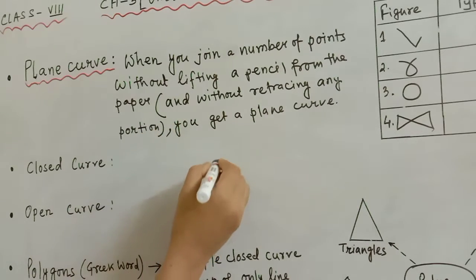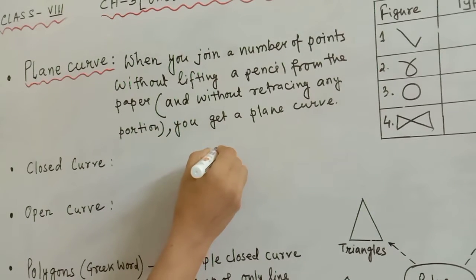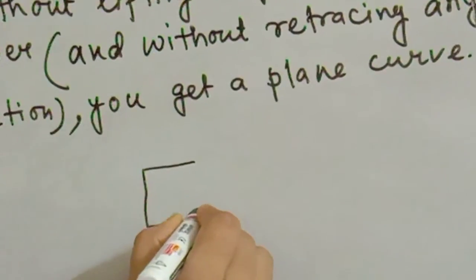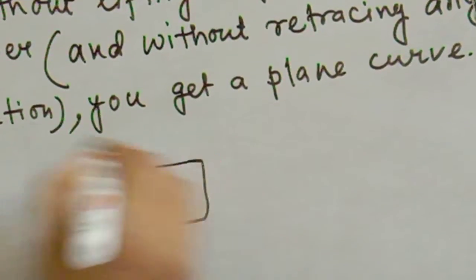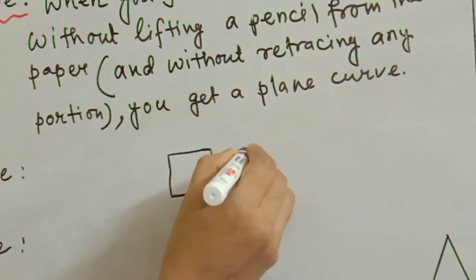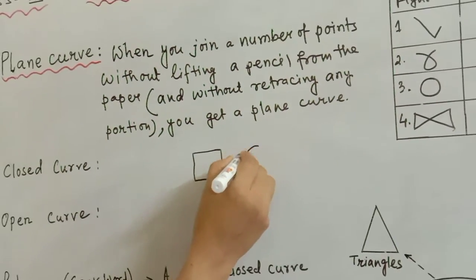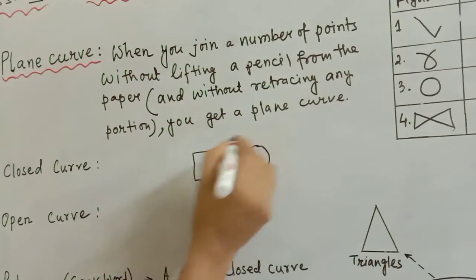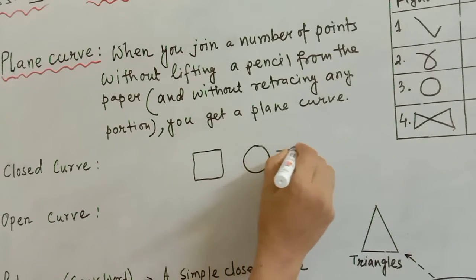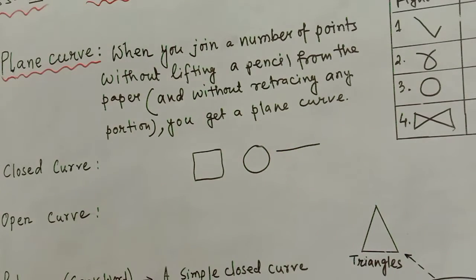That means if we are drawing this one without lifting the pencil from the paper, it is a plane curve. This is also a plane curve. Without lifting the pencil from the paper, this is also a plane curve.